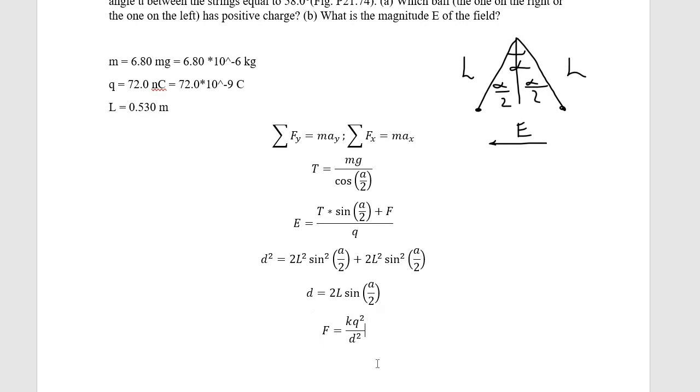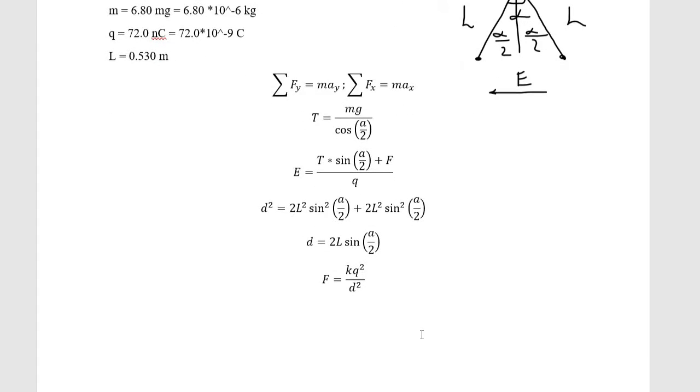So basically we have three notations for T, d, and F that we can substitute into this equation of the electric field and find the magnitude of this electric field. So substituting those notations, let's just write it right here again.